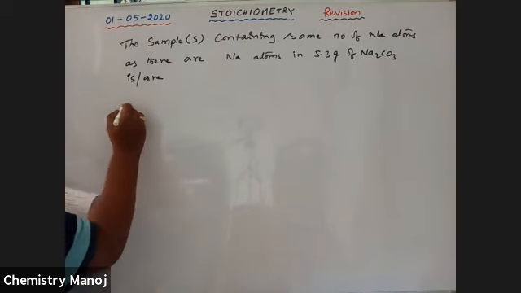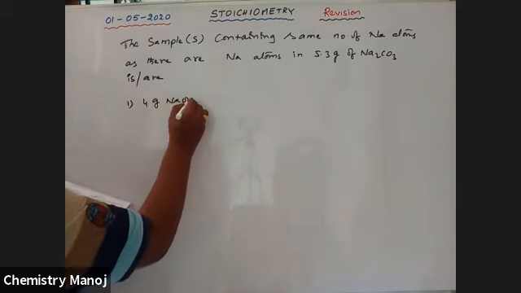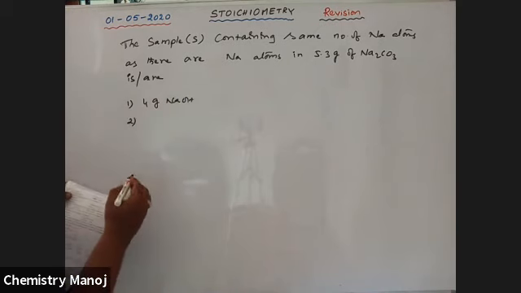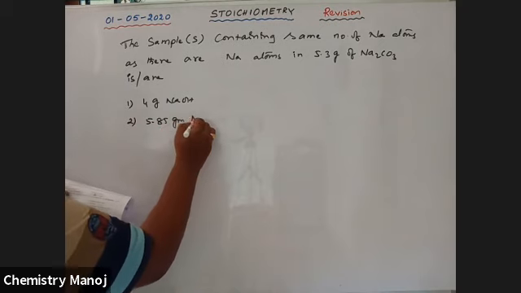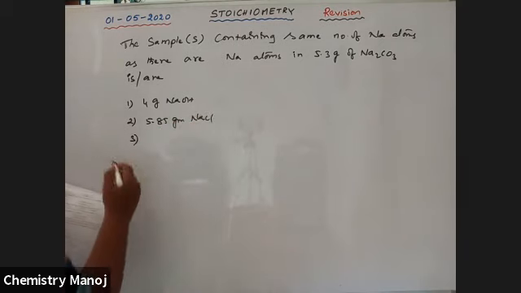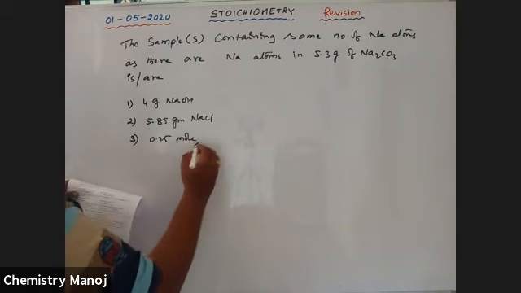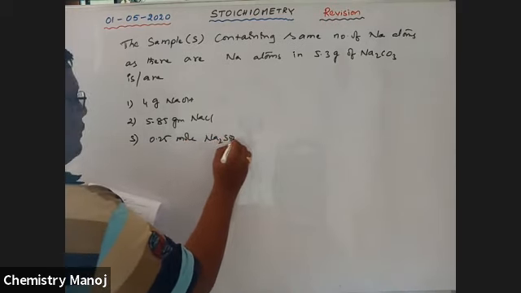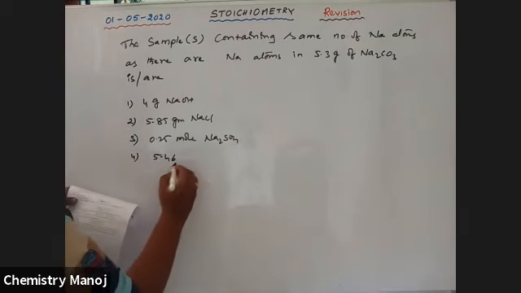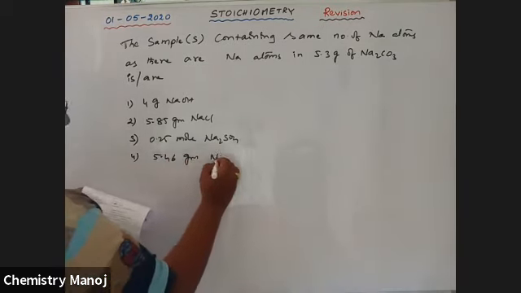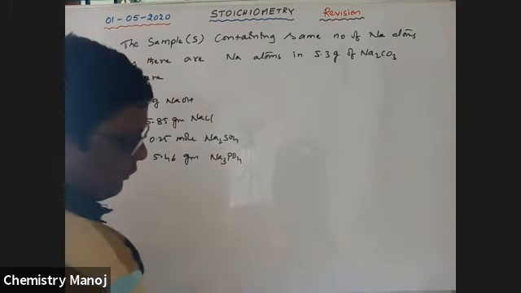Options: first one, 4 grams NaOH. Second one, 5.85 grams NaCl. Third one, 0.25 mole Na2SO4. Fourth one, 5.46 grams Na3PO4.